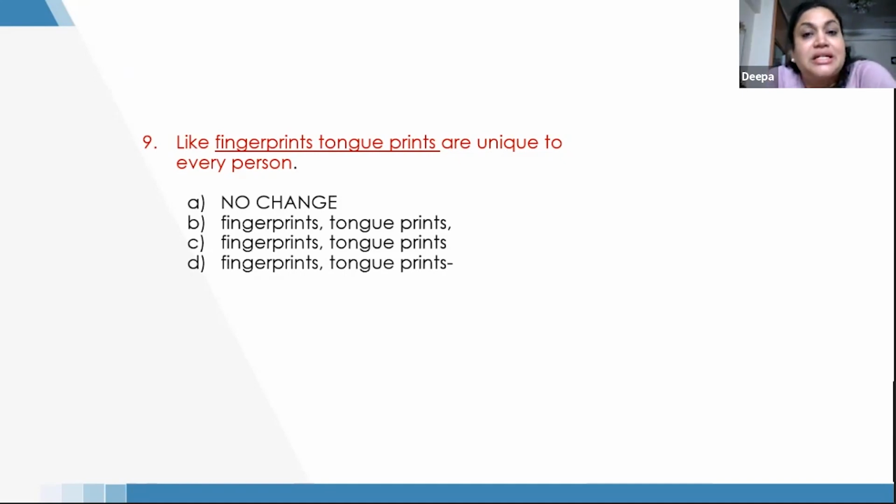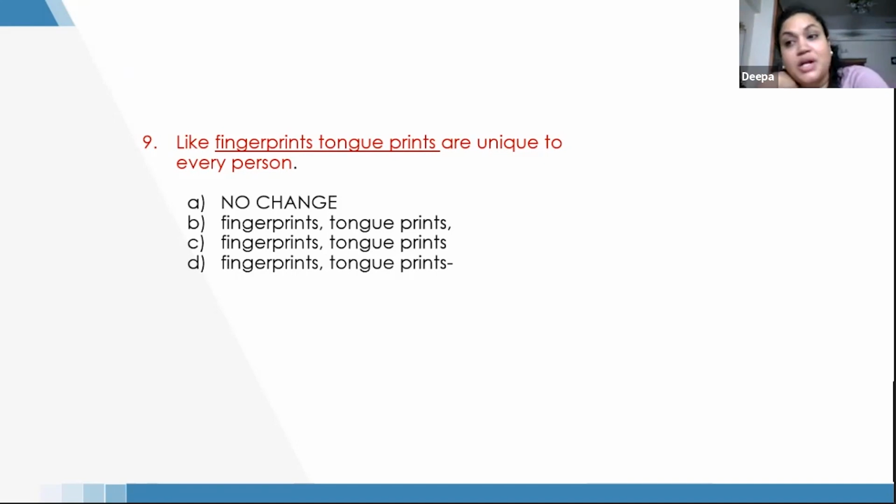Like fingerprints, tongue prints are unique to every person. So here, what do you think is needed? Here, it is not a descriptive aside at all, right? If I remove "tongue prints are unique to every person," it will not make sense.